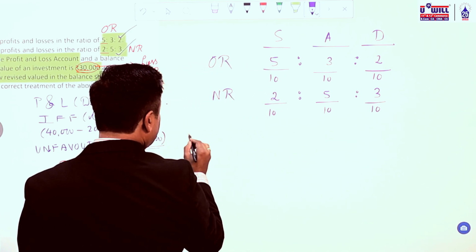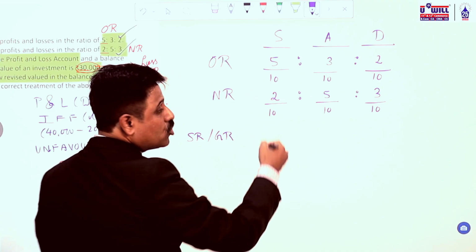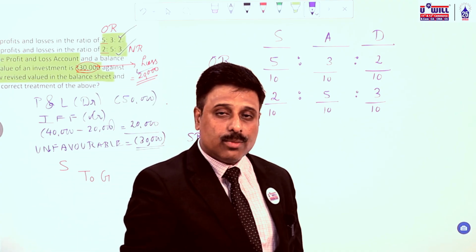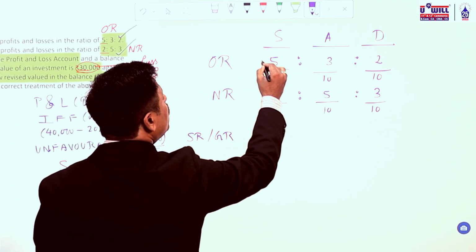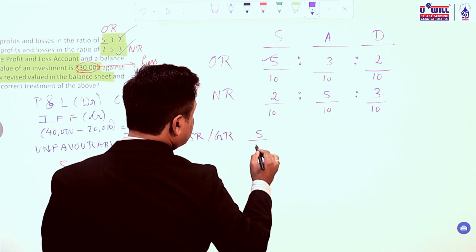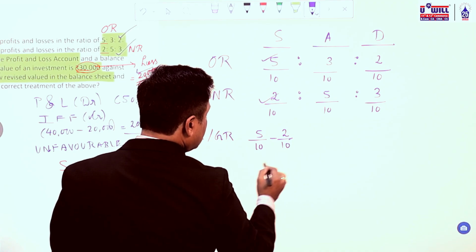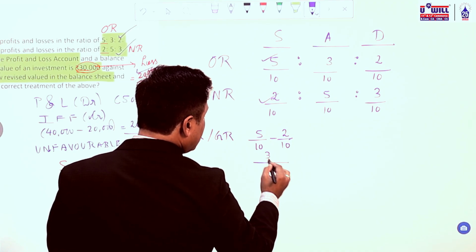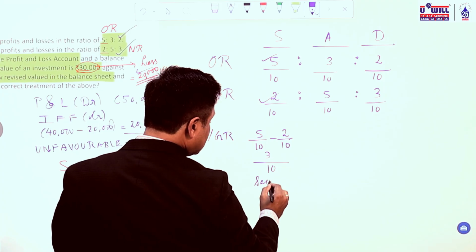Now, how do you find the sacrifice or gain? Let us do old ratio minus new ratio, the sacrifice ratio formula. Negative will indicate gain. If we do 5 by 10 minus 2 by 10, since the denominator is the same, 5 minus 2, 3 by 10 is positive, which means it is sacrifice.